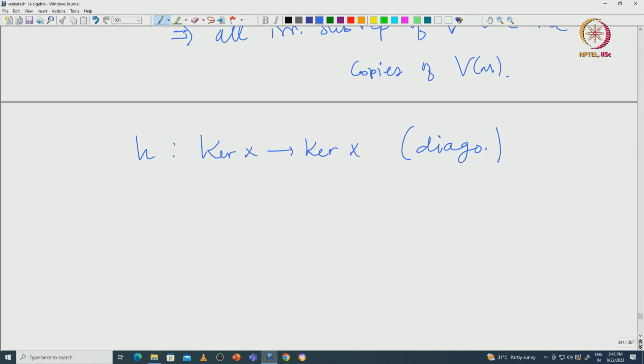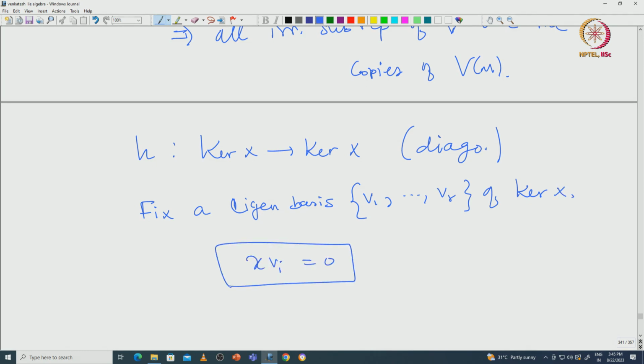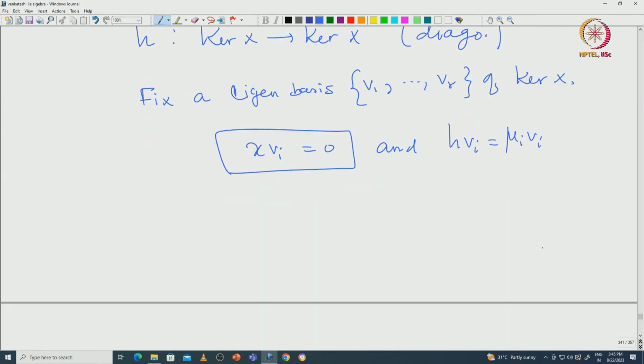Since this is diagonalizable, I can fix an eigenbasis V1 etcetera VR of this kernel of X. That means X Vi is zero and H Vi acts as some scalar, call it mu i, times Vi.